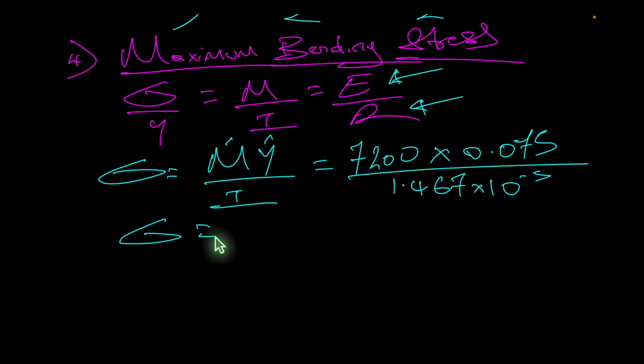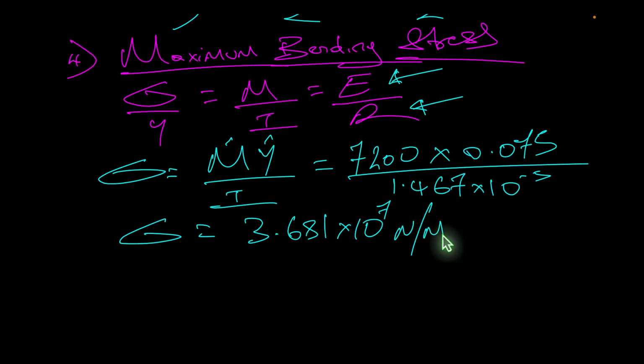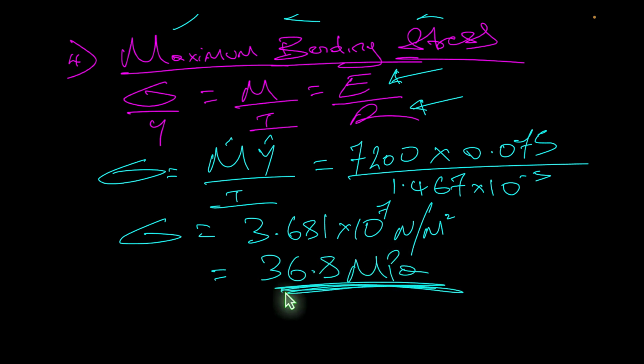That leaves us with a final value of 3.681 times 10 to the power of 7 newtons per meter squared. Now we could rewrite this as 36.8 megapascals, and that would be much better.